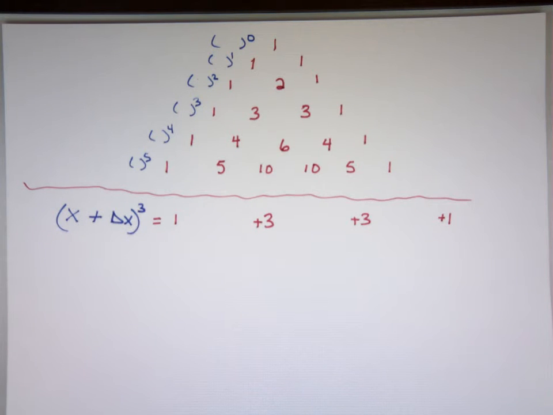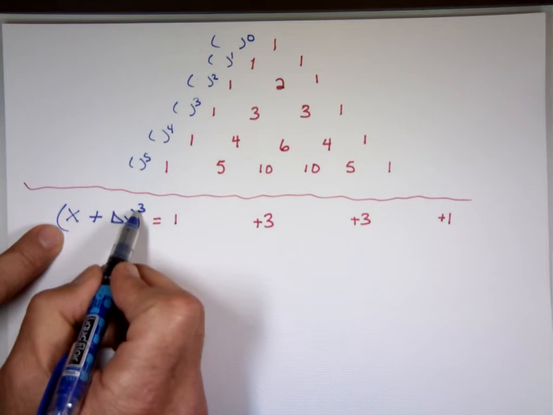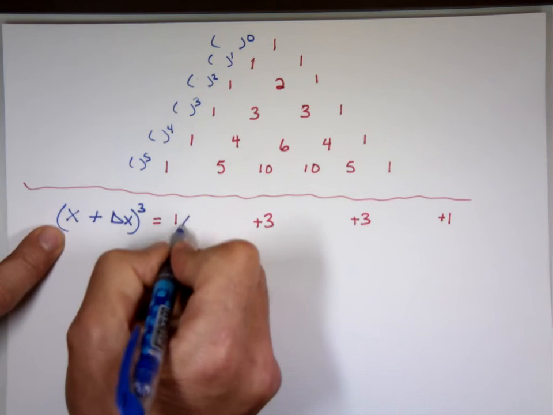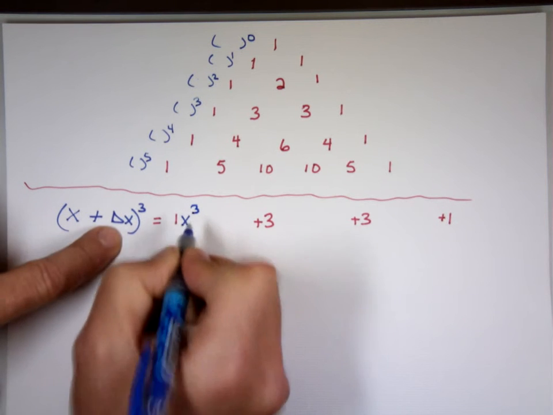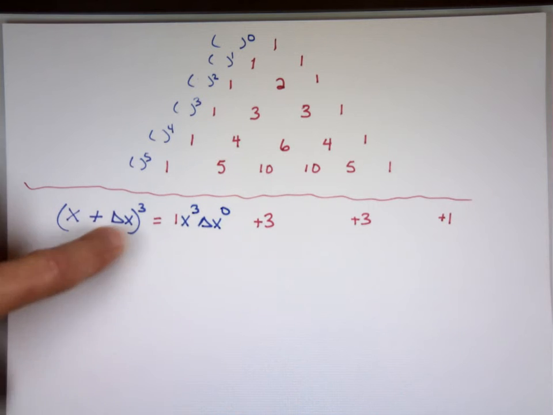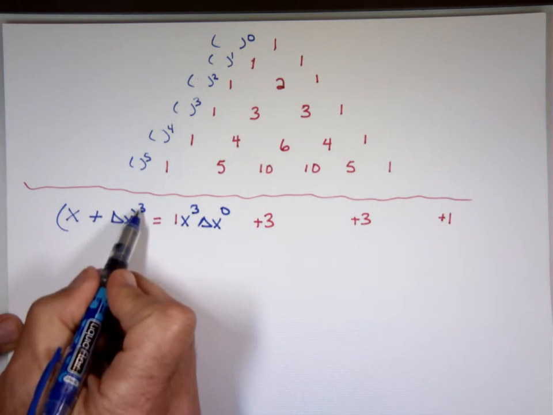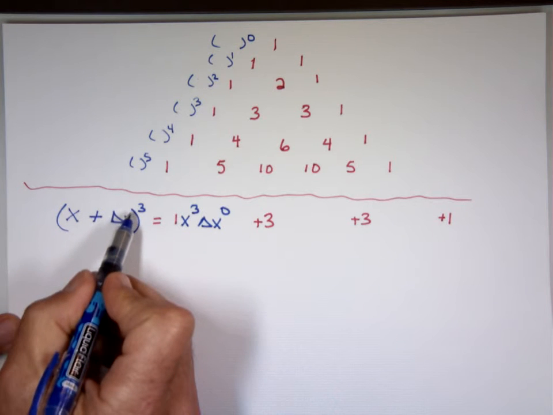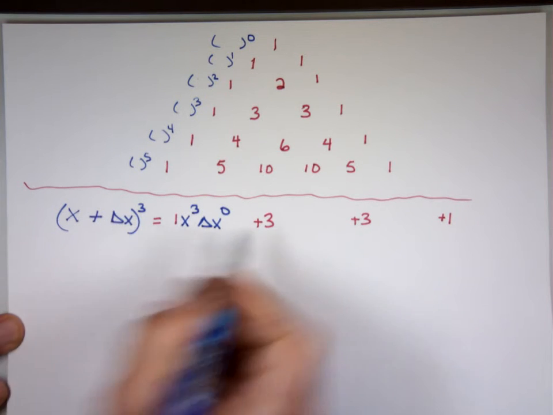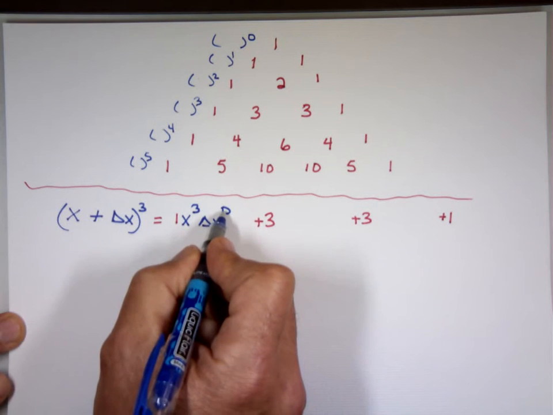And you're going to start with the first one raised to the power 3, and the second one raised to the power of 0. So you always start with the first thing raised to the power, whatever that power is, and this one to 0. After that, each one of these, you decrease this power by 1, you increase that by 1.